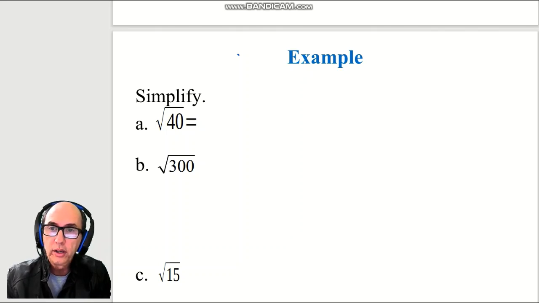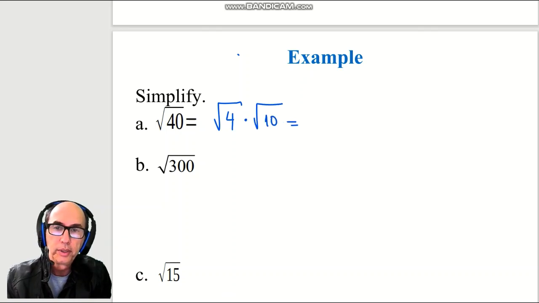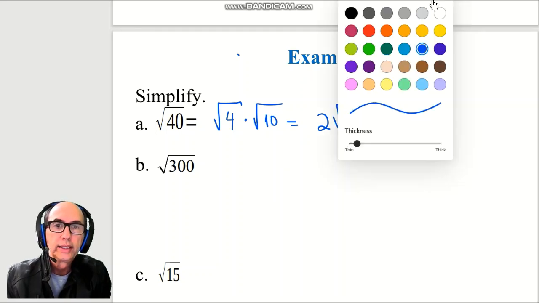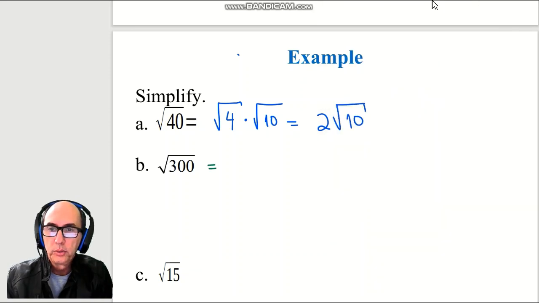Here, we've done this one, right? We can break down as the square root of 4 times the square root of 10. That's simpler. And we know the square root of 4 is 2. Square root of 10, we don't know. Next, square root of 300. Always try to find two numbers that multiplied equal 300, but one of the numbers needs to be a perfect square.